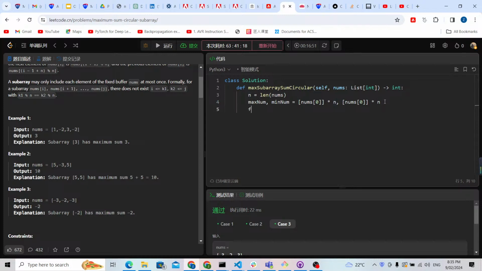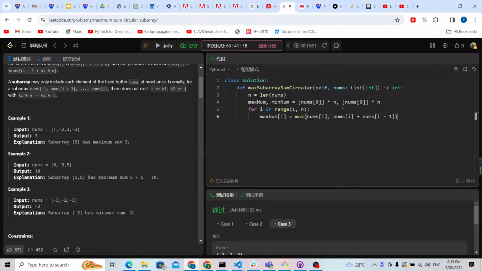After that, I'm going to prepare this one. For i in range 1 to n, we check the maximum of nums. The maximum of i should be equal to the max of nums[i], or nums[i] plus nums[i-1].